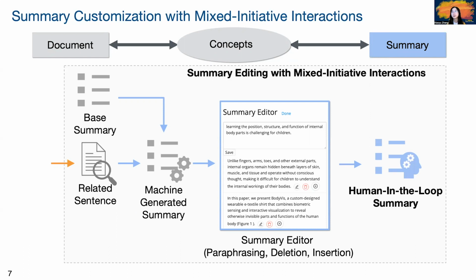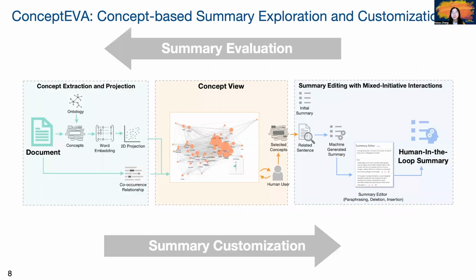Finally, we produce a version of the human-in-the-loop summary, which can be further improved in a new iteration. In this workflow, the summary customization process can be iterative by inputting the human-in-the-loop summary as the base summary.